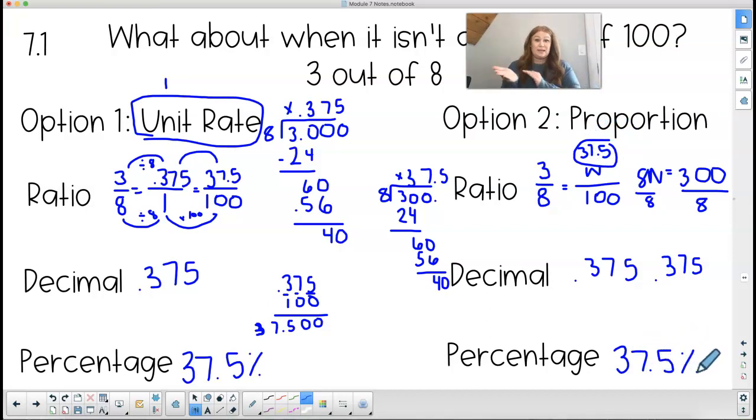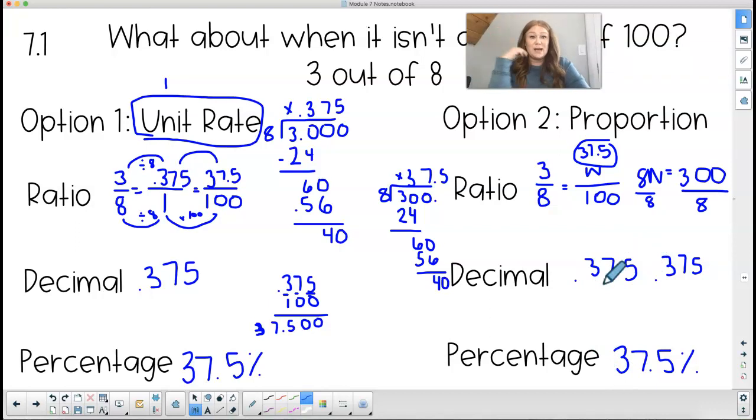So you can do it either way to find this percentage and the decimal. So for the decimal, we just take 3 divided by 8, and that gives me my decimal. Or I can take it and cross multiply and find my percent. And then if I want to go back to the decimal, I just move my decimal backwards to make this 100 times smaller.